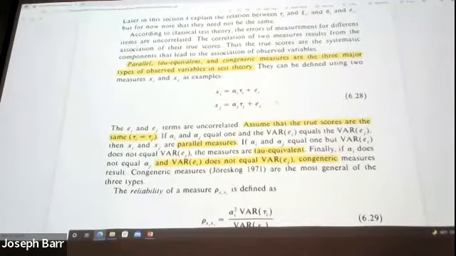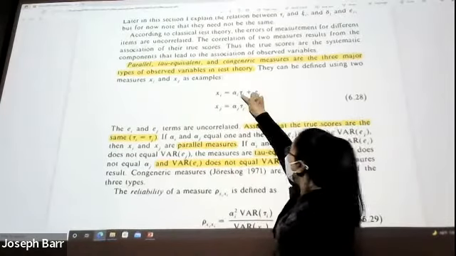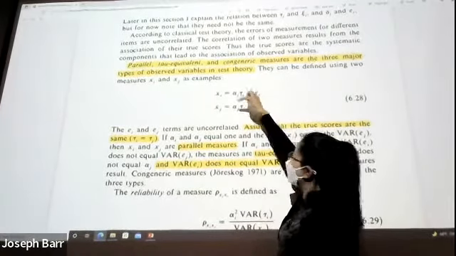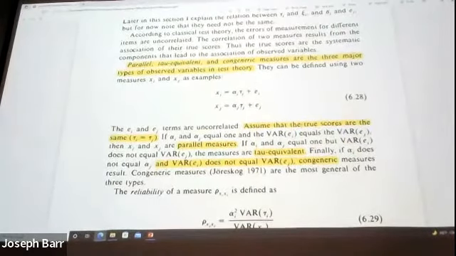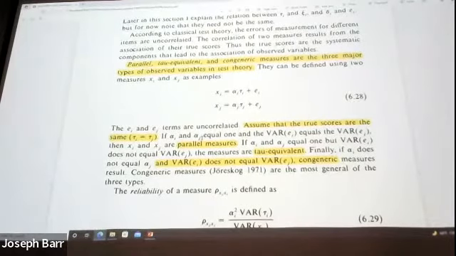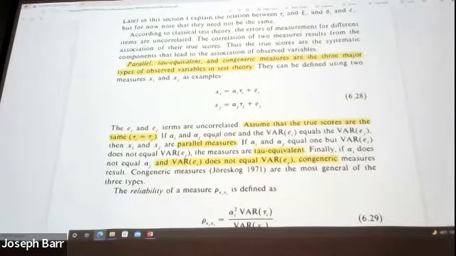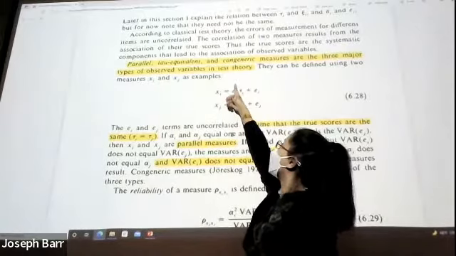Let's look at the conditions. Assume that the true scores are the same, the true score at I and true score at J, tau I and tau J. These two are exactly the same. And alpha I and alpha J equal 1, because if you look at CTT, the coefficient is fixed at 1.